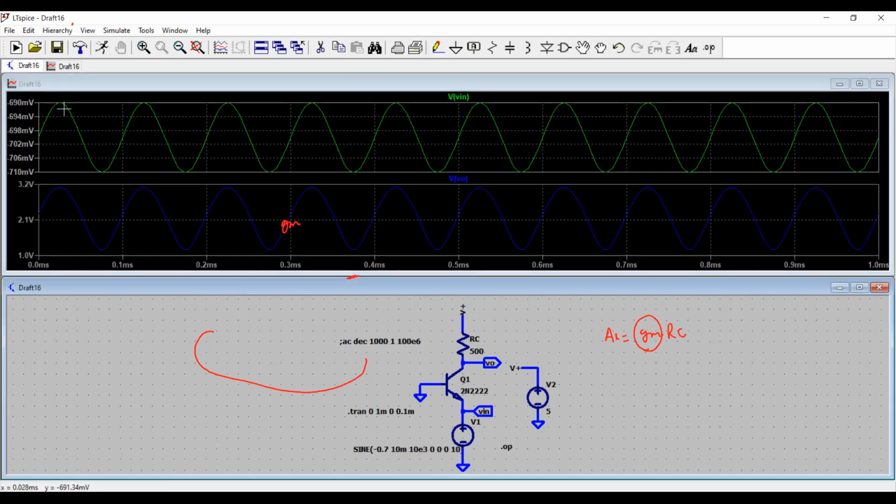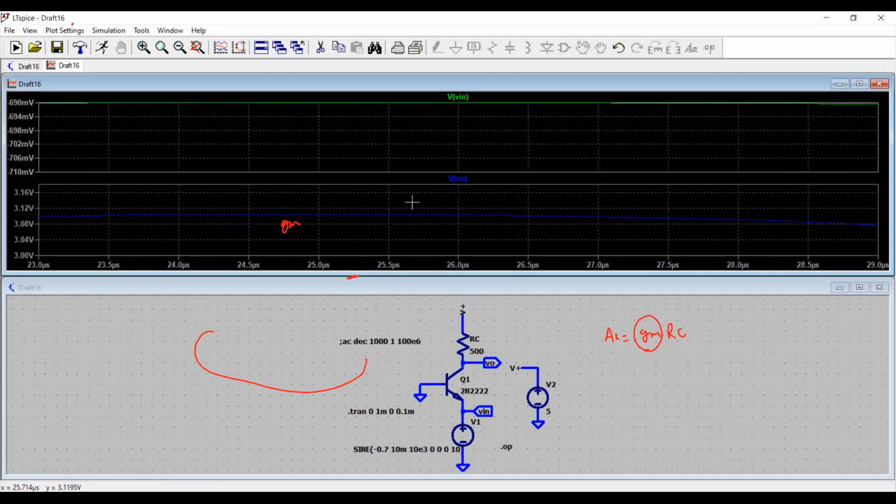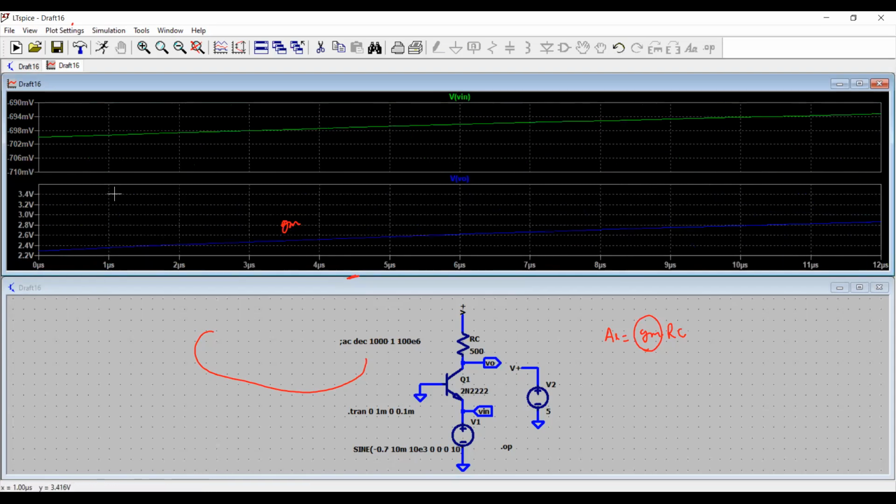So how much is the output? Like you have 3 volt. No, not really. Yeah, or let's say 3 volt. And the swing is 500 millivolt actually. The output is starting from 2.3 to 3.